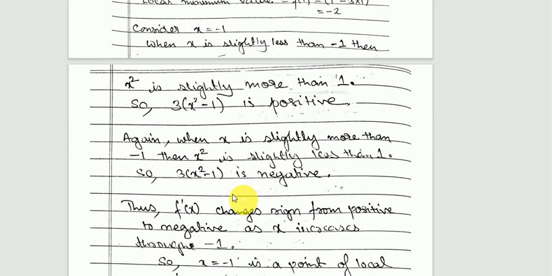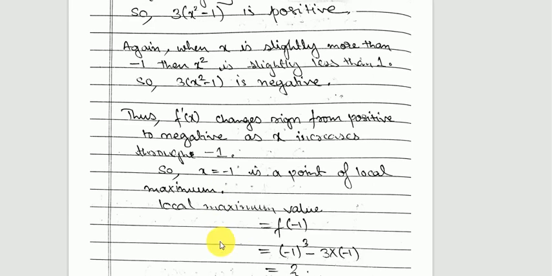But if I take x slightly more than minus 1, that means I have to take something like minus 0 point something, so in that case x square will be less than 1, and this will become negative. So what we observe is that when we are increasing the value of x through minus 1, the sign of the derivative is changing from positive to negative. That means x equal to minus 1 is the point of maximum.